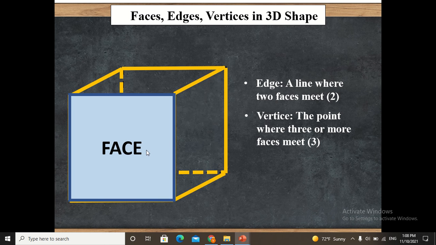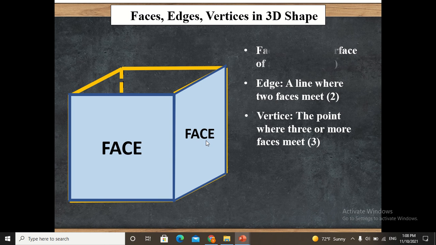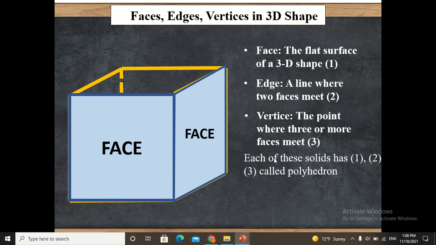And this is a face. A face is the flat surface of a 3D shape. We can see a cube has 6 faces, 8 vertices, and 12 edges.